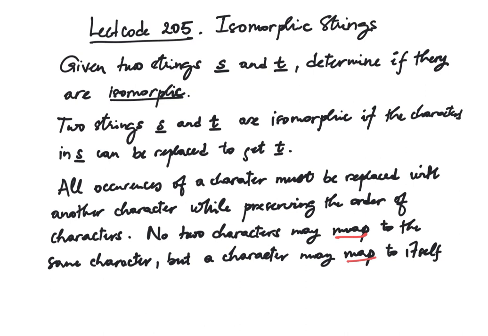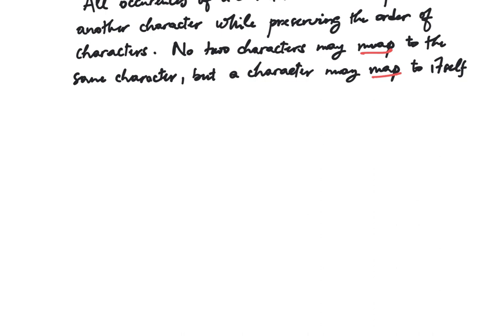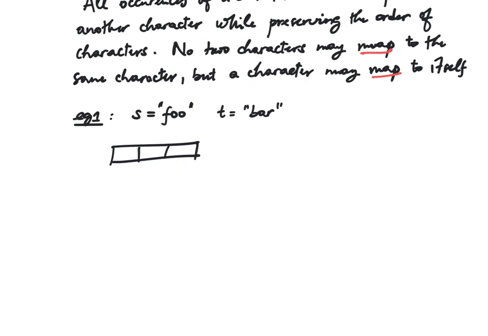Okay, so let's explore some examples in order to understand the problem clearly. So example 1: S is equal to FOO and T is equal to BAR.